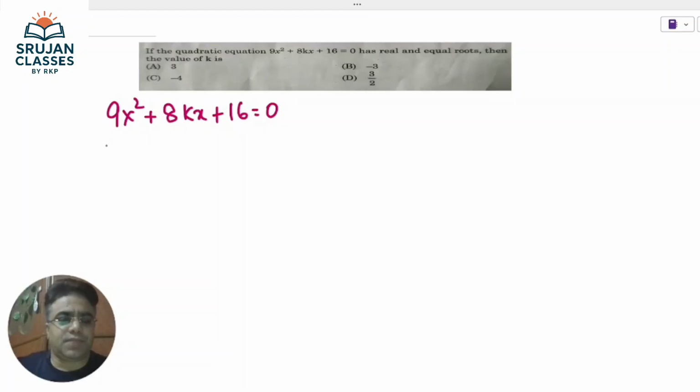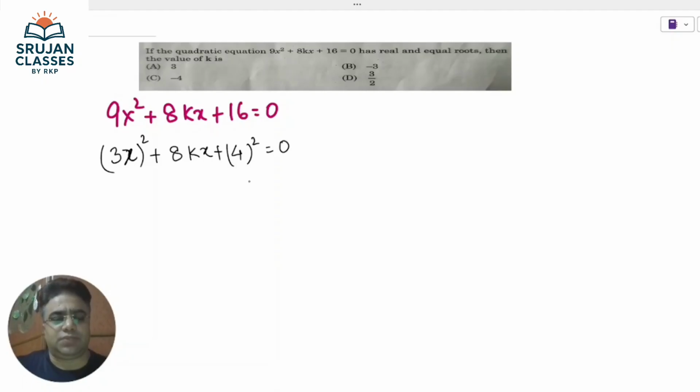Okay, so before moving to real and equal, on a broader aspect, we can see that this can be written as (3x) square plus 8kx plus 16, which can be written as square of 4, is equal to 0.